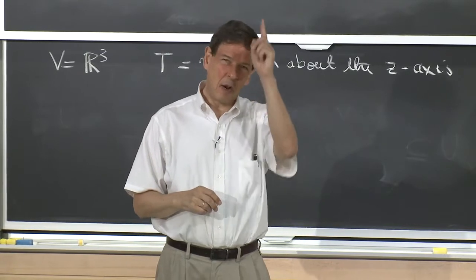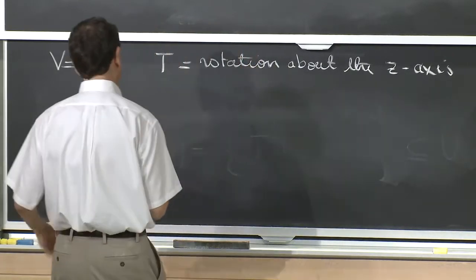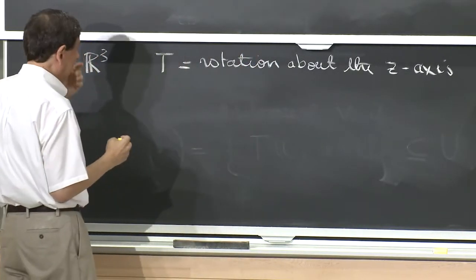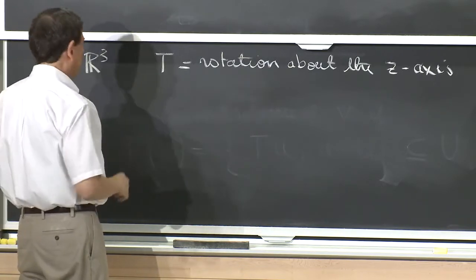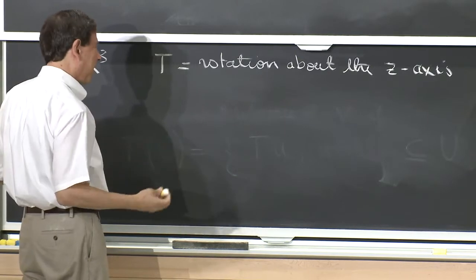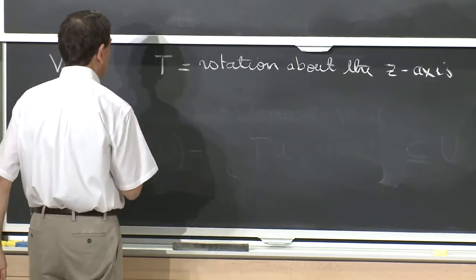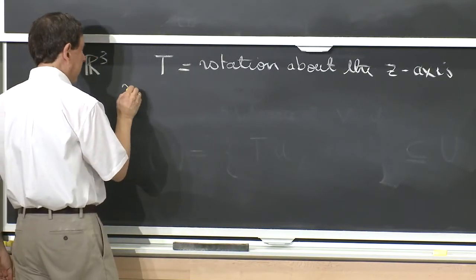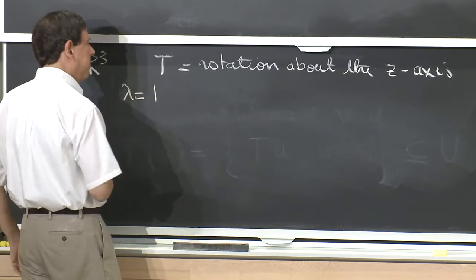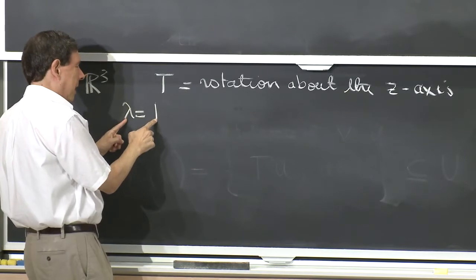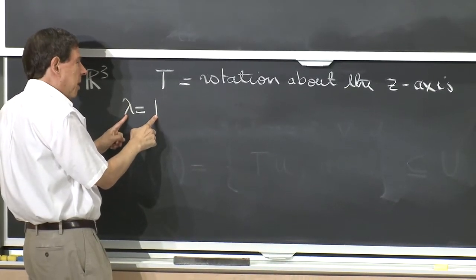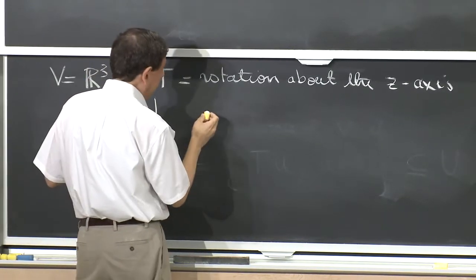It is the vector along the z direction, or the span. One eigenvector is a vector along the z direction. The set of all those eigenvectors is the span of that. So there is a lambda equal 1, because that vector is not affected by the rotation, so it's just left totally invariant.